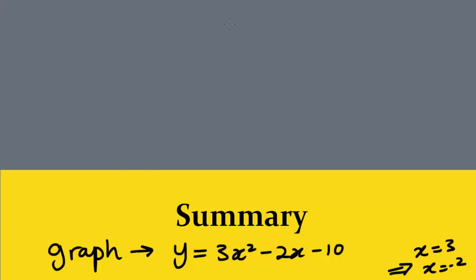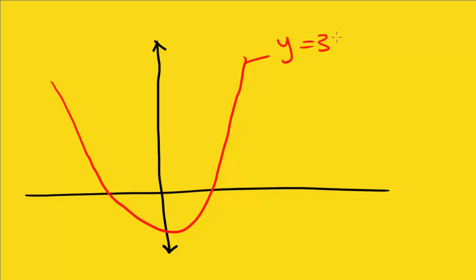And what you do is say the given graph was, this is just a rough sketch, so say this was the given graph, y equals 3x squared minus 2x minus 10.